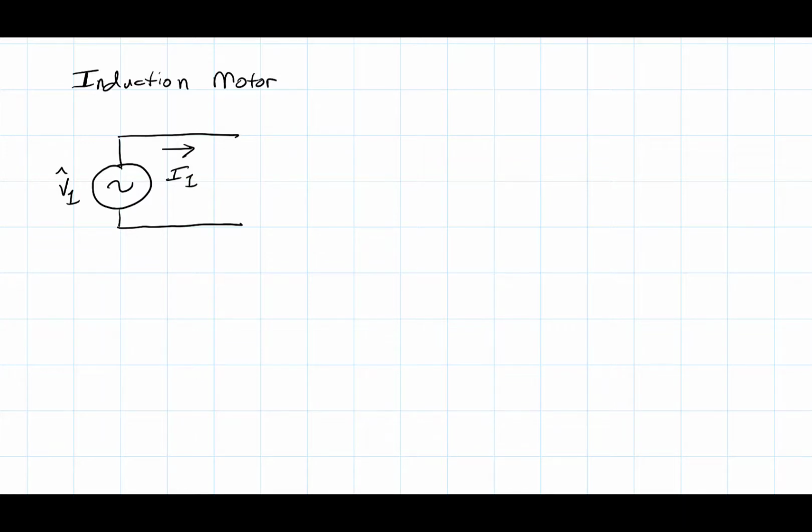This would be I1, the current of the stator, R1, the stator resistance, jXL1, the stator leakage reactance, jXM, the reactance of the magnet, basically the magnetizing reactance. You've got the air gap voltage that gets applied to the rotor here.